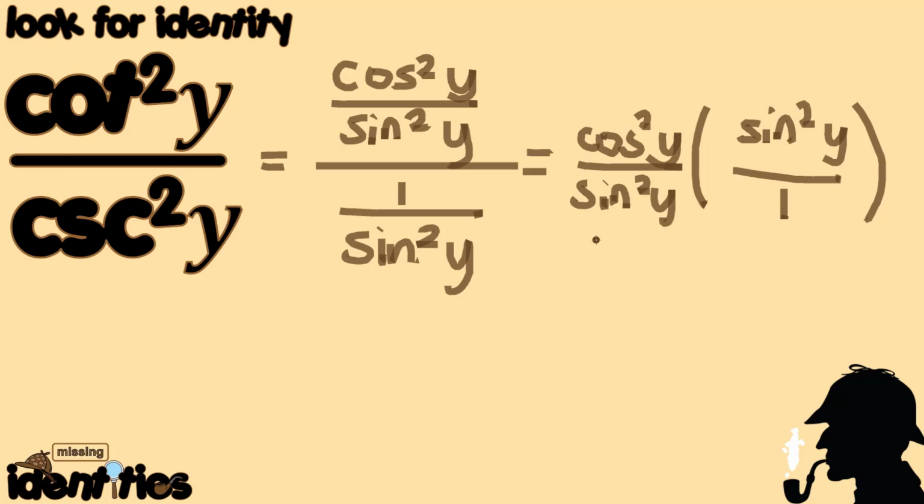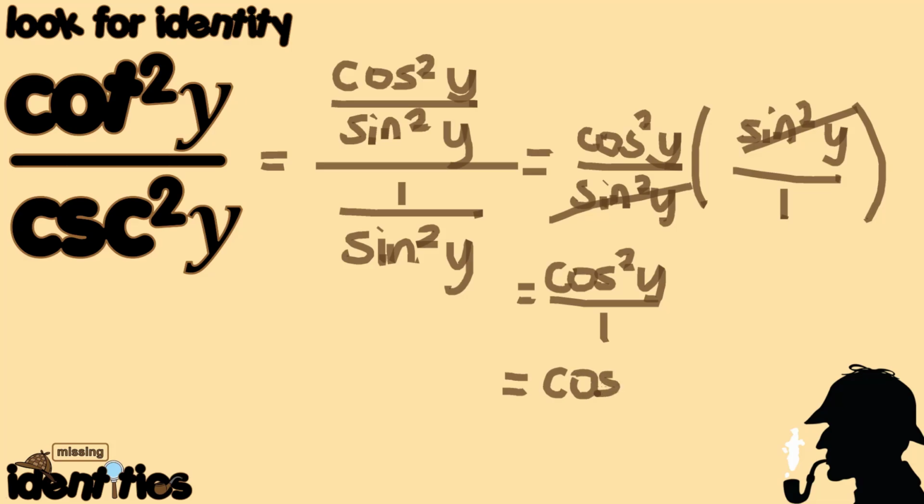Now, before we proceed in multiplying numerators to numerators and denominators to denominators, we can see that we can cancel sine squared y here and here as well, because sine squared y is present in both numerators and denominators, leaving us a result which is just equal to the remaining numerator cosine squared y over 1, or simply write this as a final form, cosine squared y.